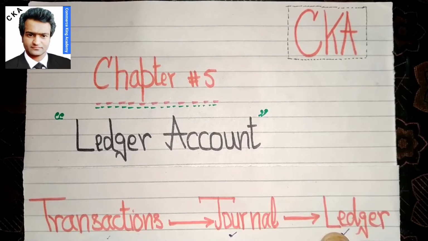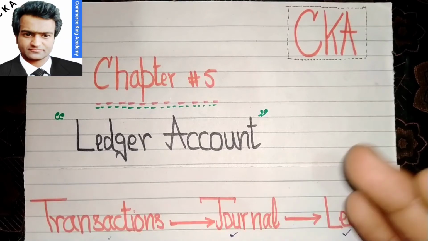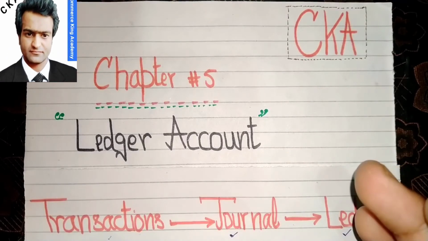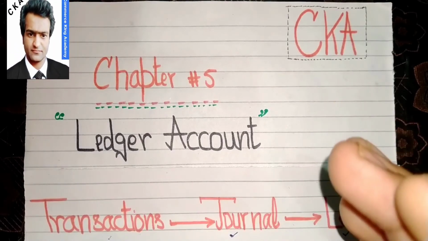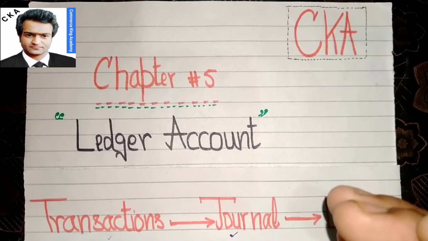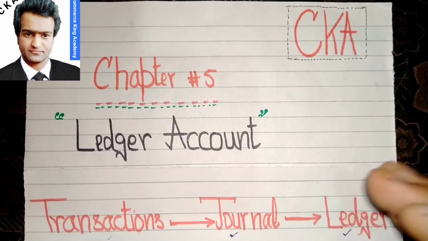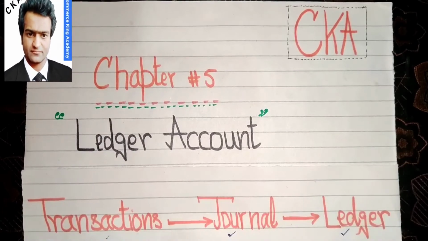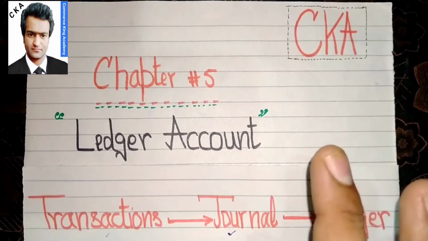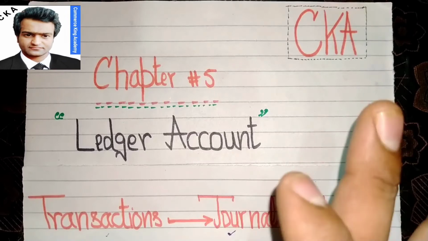Posting merely transfers existing information from one accounting record to another. Understand? A function which can be easily performed by a computer. In a computer-based system, data posted to the ledger accounts come directly from the database rather than from the journal. So far, we have covered transactions, journal and ledger accounts.